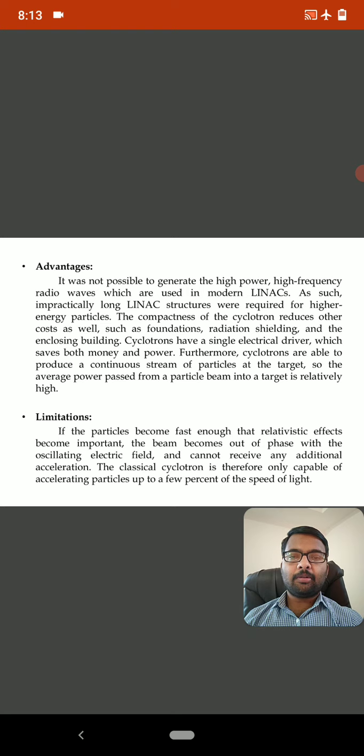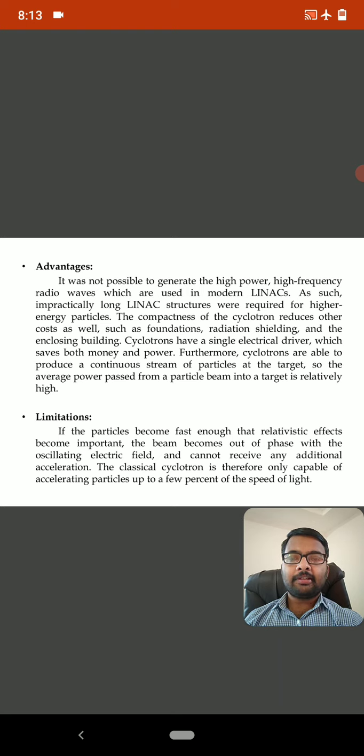And this cyclotron accelerator has a single electrical driver, so it can save both money as well as power. Along with this, cyclotrons are able to produce a continuous beam of particles at the target, so that the average power passed from a particle beam into a target is relatively high.